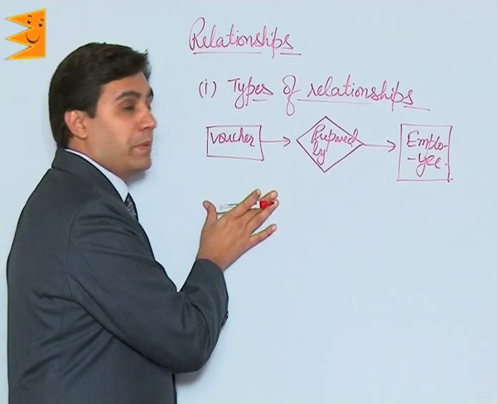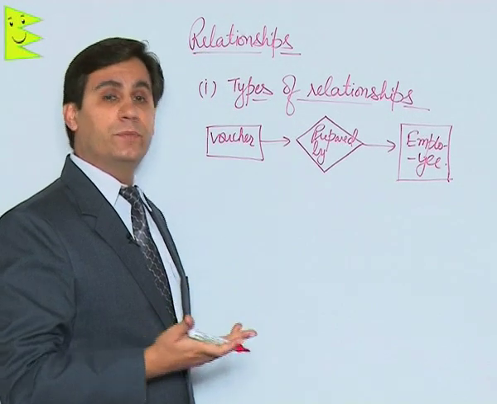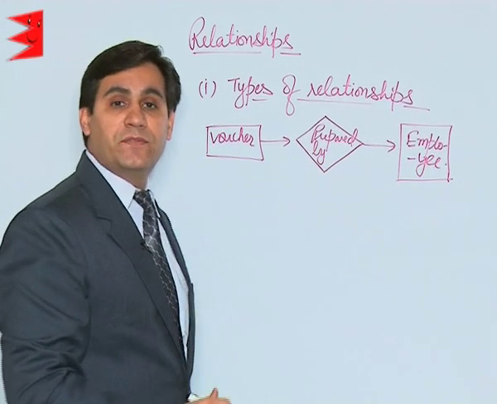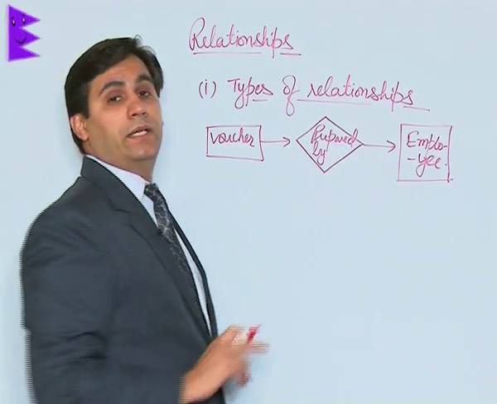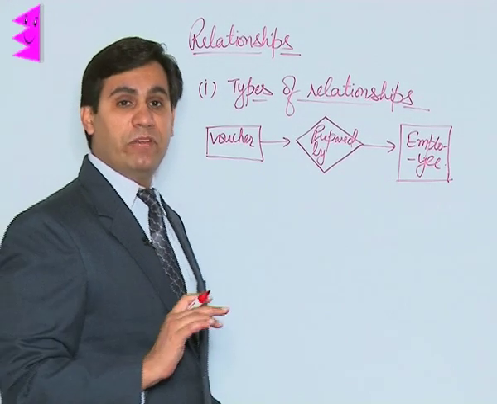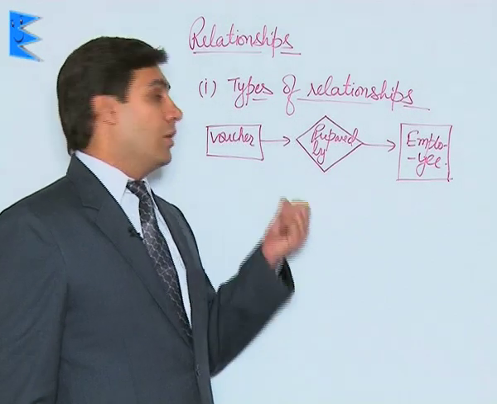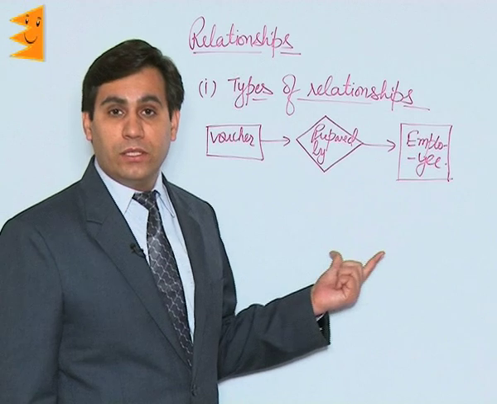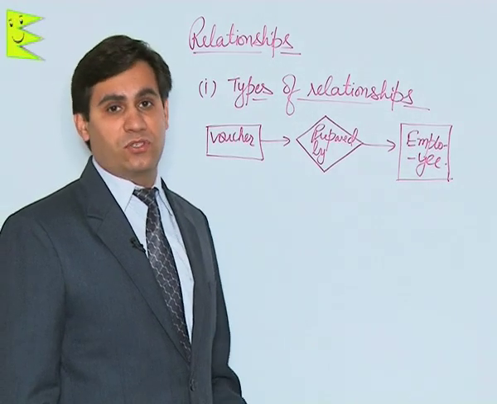Since this employee has prepared this voucher, there is a direct linking of attributes between the employee and the voucher. So this flowchart gives a binary relationship between the attributes of vouchers and the employees. So there can be various relationships between two accounts, two employees, one account and an employee, any document and an employee. So they are categorized as various types of relationships.